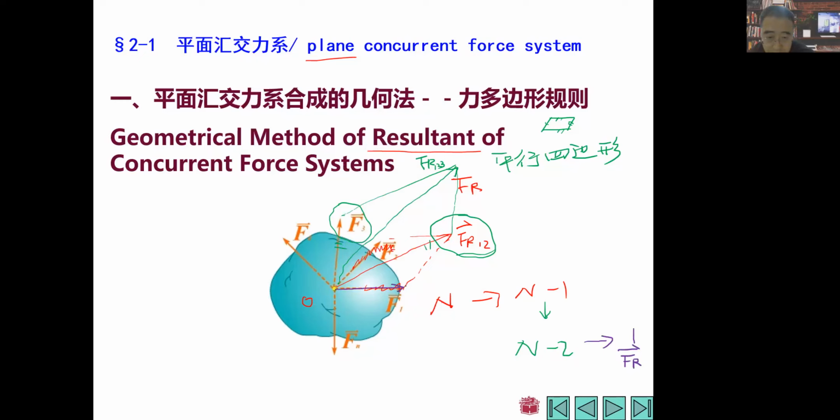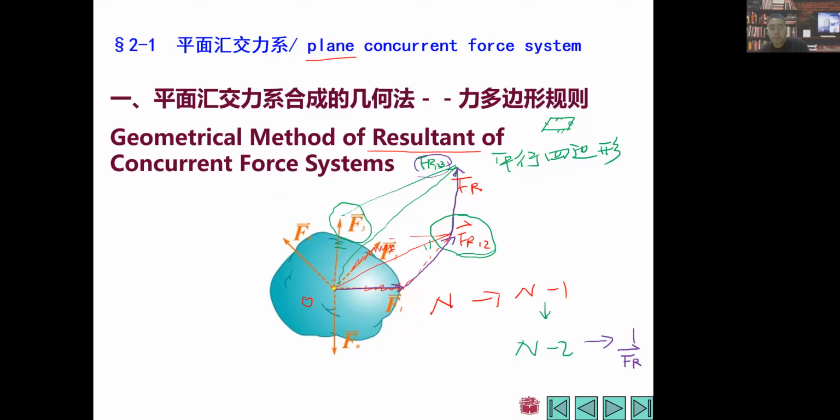And then we can draw another length with the direction of F2. And then we can draw this line with the direction of F3. Then this is the start point, this is the end point. We can just link these 2 points. We can get the same FR123.